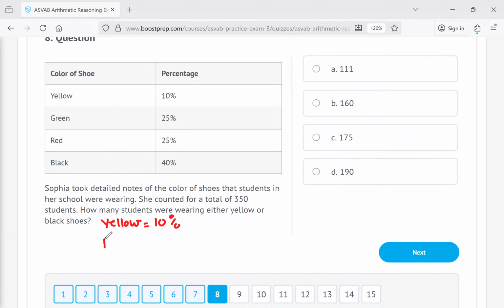And then for the black, it was 40%. So our total is 10% plus 40%, which is 50%. So you can write 50% as a decimal, so that would be 0.50.